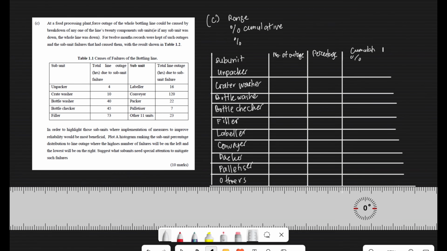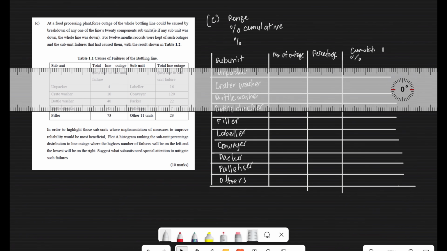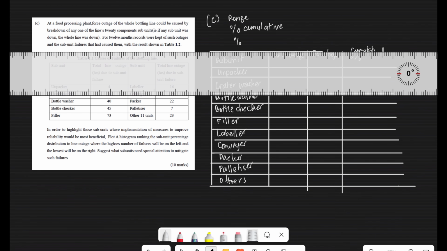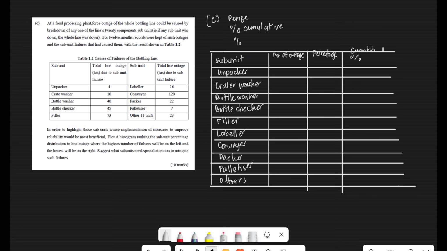Okay, so this is 4, 10, 40, 45, 73, 16, 120, 22, 7, 23. Okay, so total is 360.